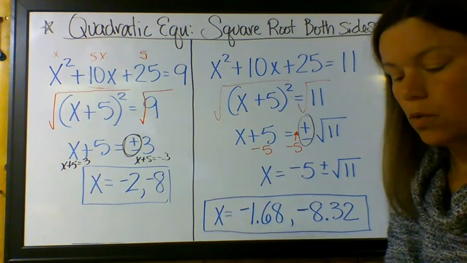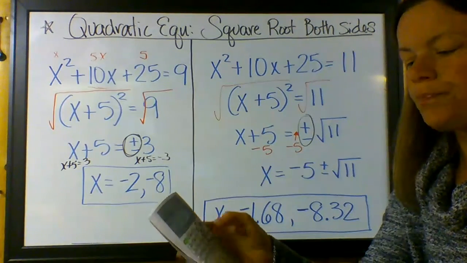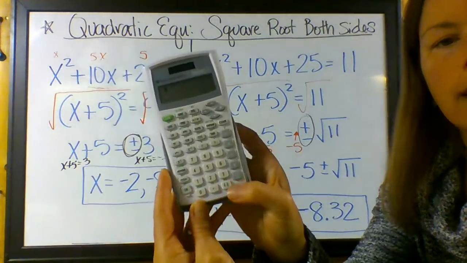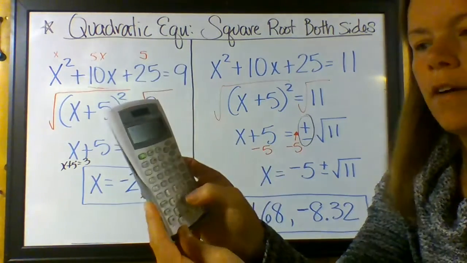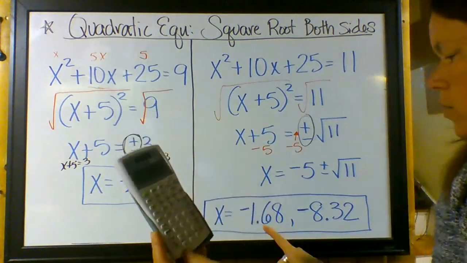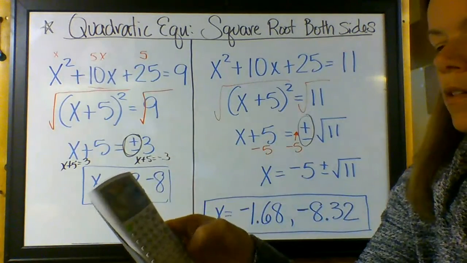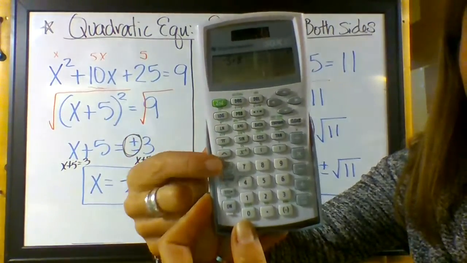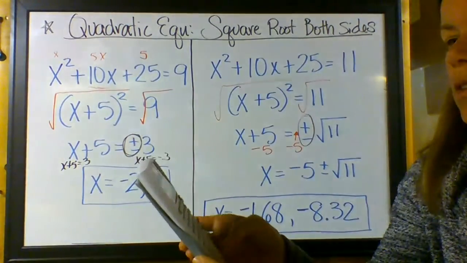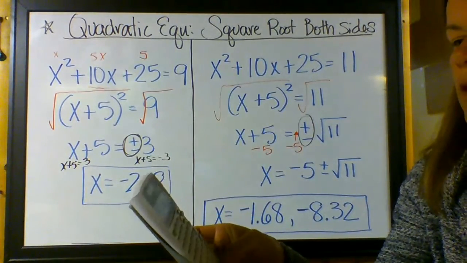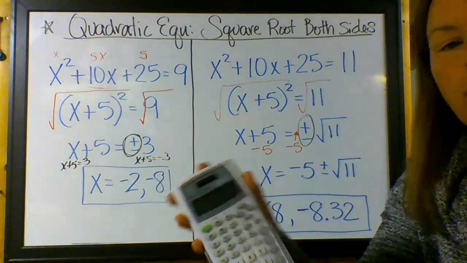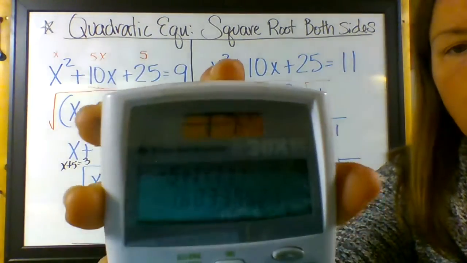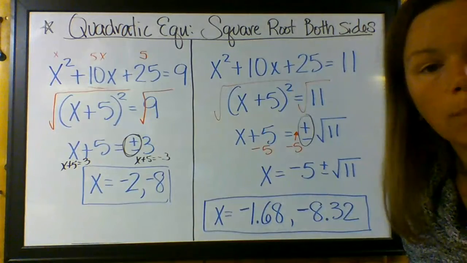All right, so I'm going to take my calculator. I use a little negative button at the bottom, negative 5. I'll do plus first, plus. And then I'm going to do second square root, which is the x squared sign, 11, close parentheses, equals, and I got negative 1.68. All right, so hopefully you can put that in your calculator.